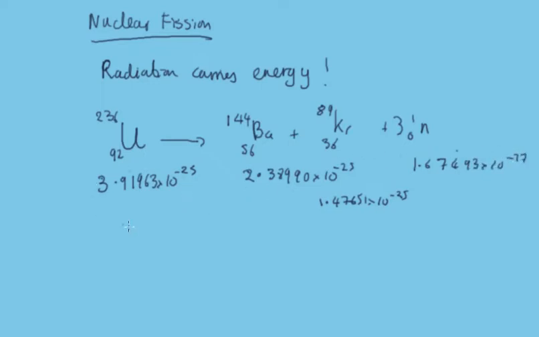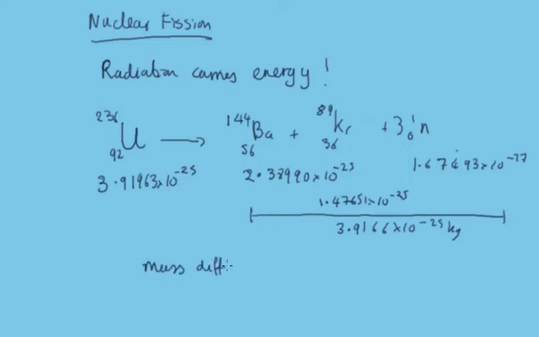So this is the mass before, and the mass after is going to be 3.9166 times 10 to the minus 25 kilograms. That therefore means a mass difference of 2.97 times 10 to the minus 28 kilograms.